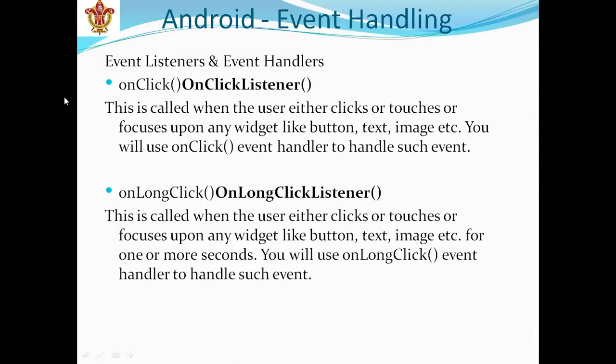So the time will extend. You will use the on long click event handler to handle such events. It means when I want to perform the long click event listener, I will click on the text or the image or the button for 1 or more seconds extra compared to the on click listener, right?